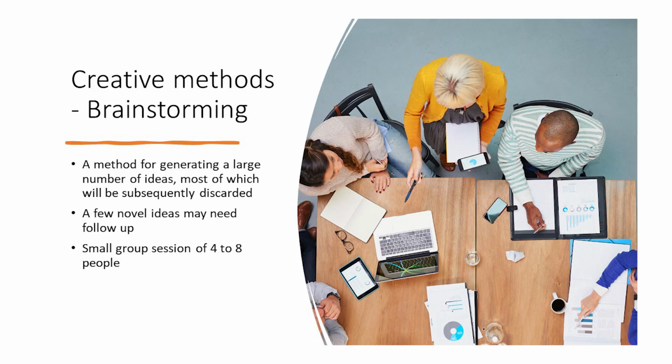It is a method for generating a large number of ideas, most of which will be subsequently discarded. So, you come up with a number of ideas, many of which may be strange, but eventually you might come up with one idea and a few novel ideas which may need follow up.